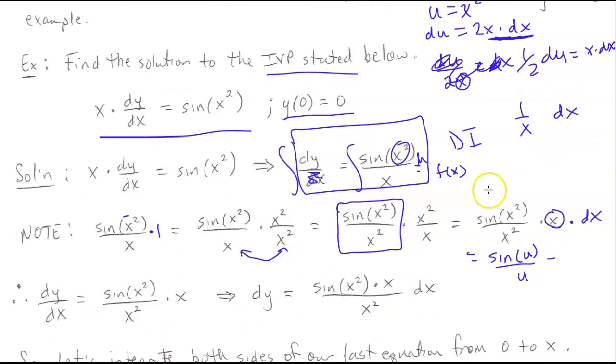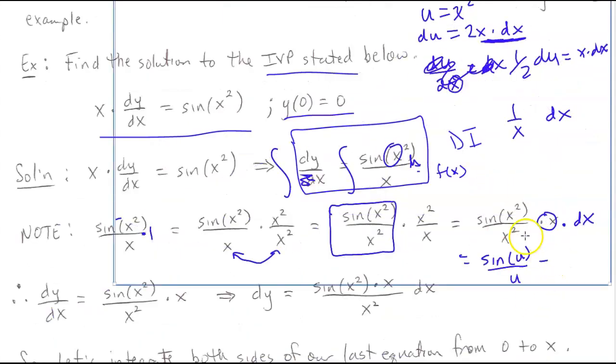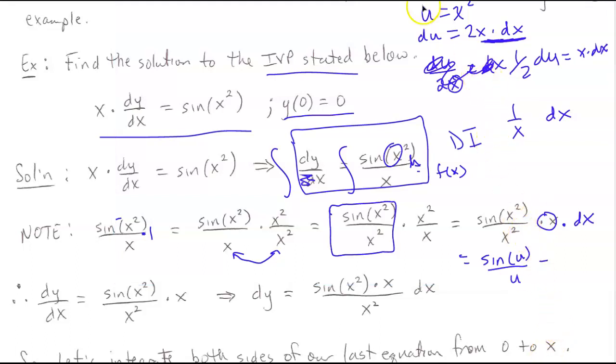So we're saying all of that to say that this x times dx here would just be the same as 1/2 du, and everything would work beautifully at that point, okay?